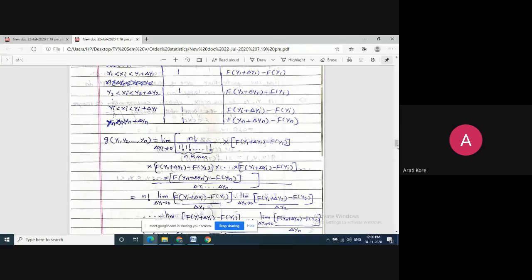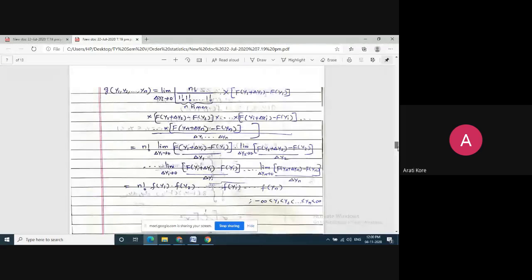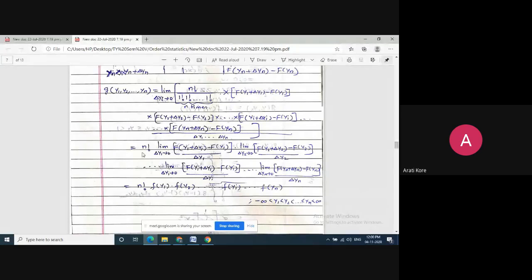Right? And now I will take the limit inside. This is nothing but n factorial into limit delta y1 tends to 0, F of y1 plus delta y1 minus F of y1 upon delta y1. Second, limit delta y2 tends to 0, F of y2 plus delta y2 minus F of y2 upon delta y2. So on.